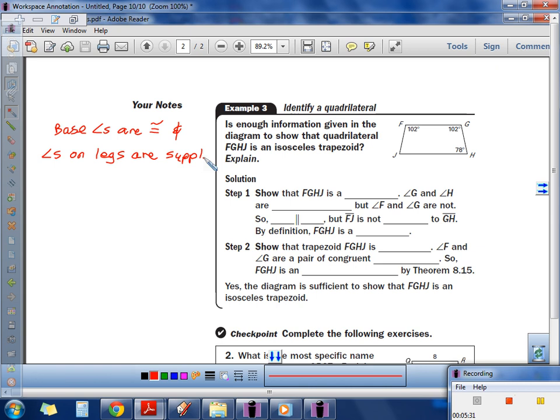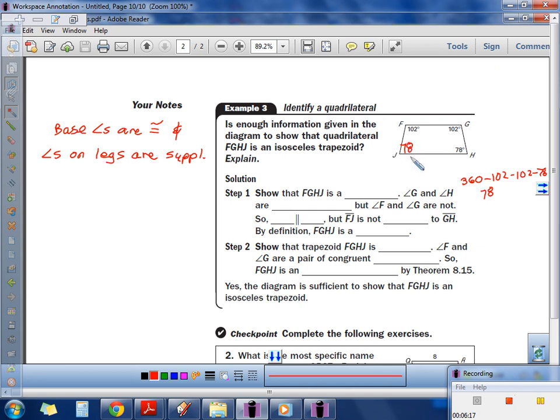Those are two things we should check. We're missing an angle right now, but we know how to find the missing angle on a quadrilateral. What do we do? Okay, subtract these from 360. So 360 minus 102 minus 102 minus 78, and you get 78. So that missing angle is 78.